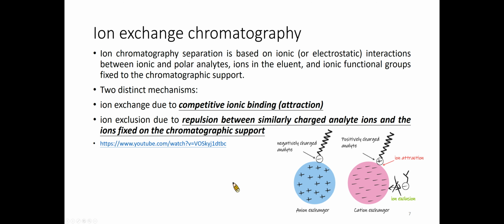The principle of separation is thus by reversible exchange of ions between the target ions present in the sample solution and the ions present on ion exchangers. Two distinct mechanisms, ion attraction and ion exclusion, would determine the interaction between charged analytes and ion exchanger.